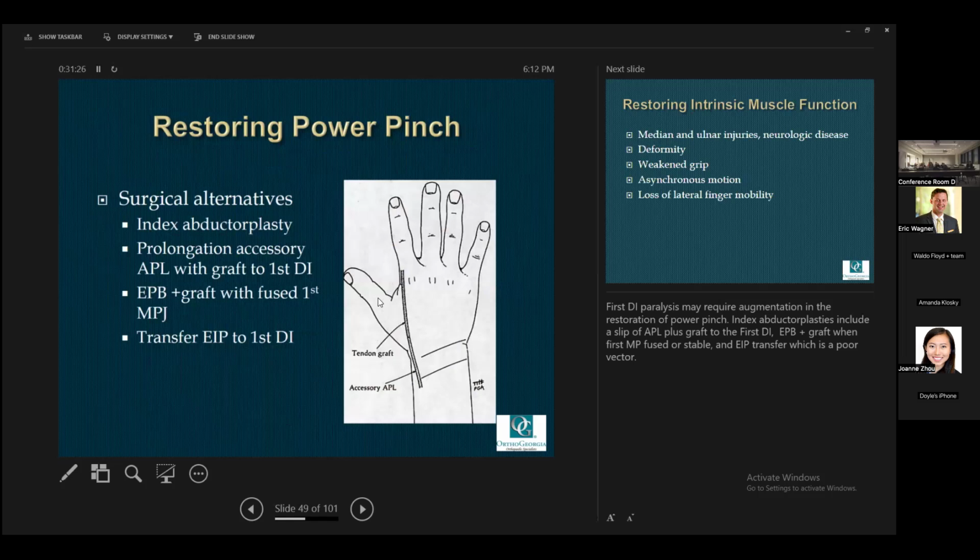I think you get a better vector coming across. Some will describe actually transferring the tendon into the ulnar base of the proximal phalanx so that you get some flexion and supination of the index finger to improve power pinch.